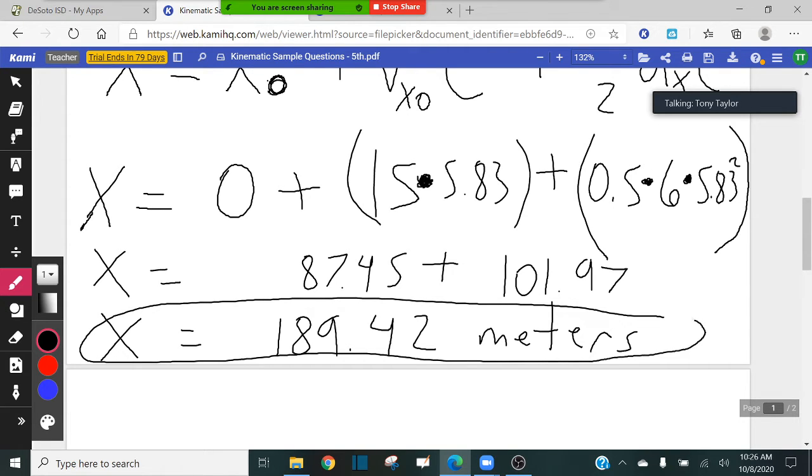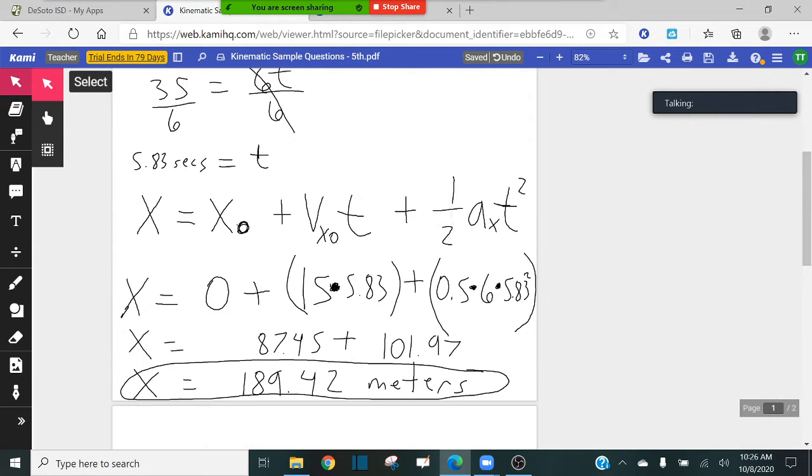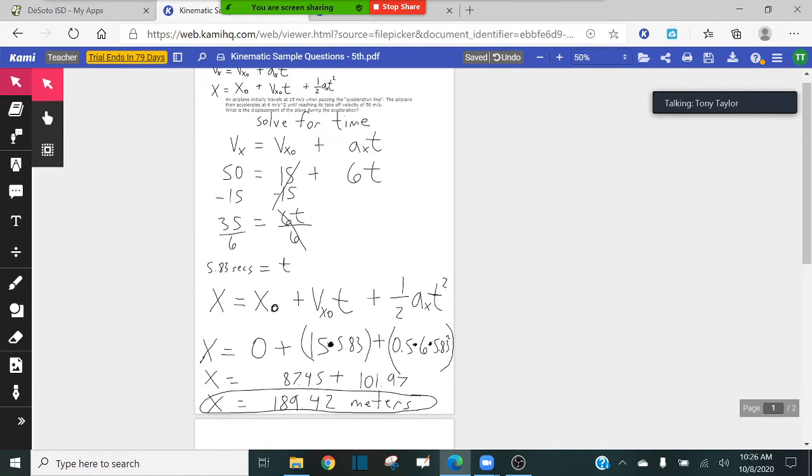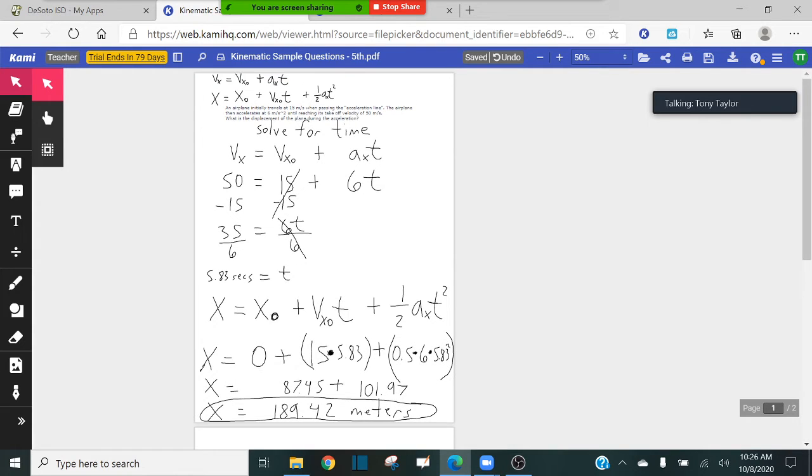So the final position of the airplane after it accelerated. In other words, 189 meters represents the acceleration of the airplane. I'm sorry, 189 meters represents the displacement of the airplane after it accelerated over some time interval.